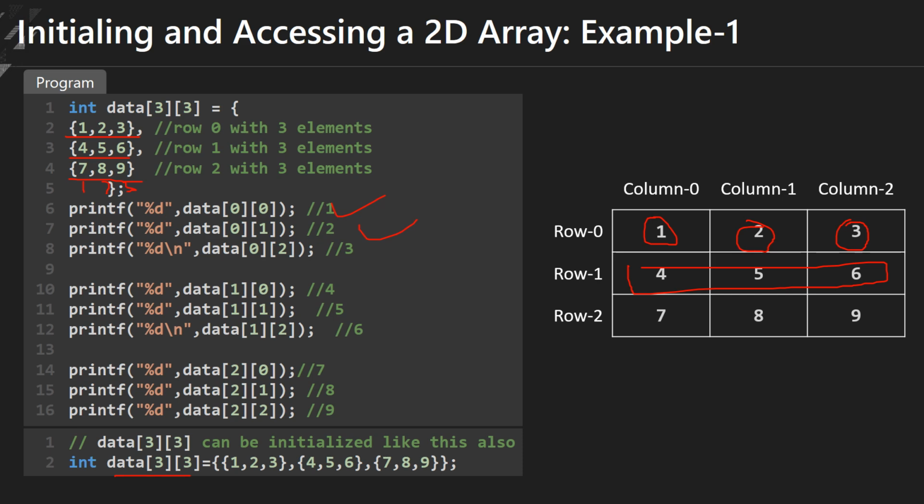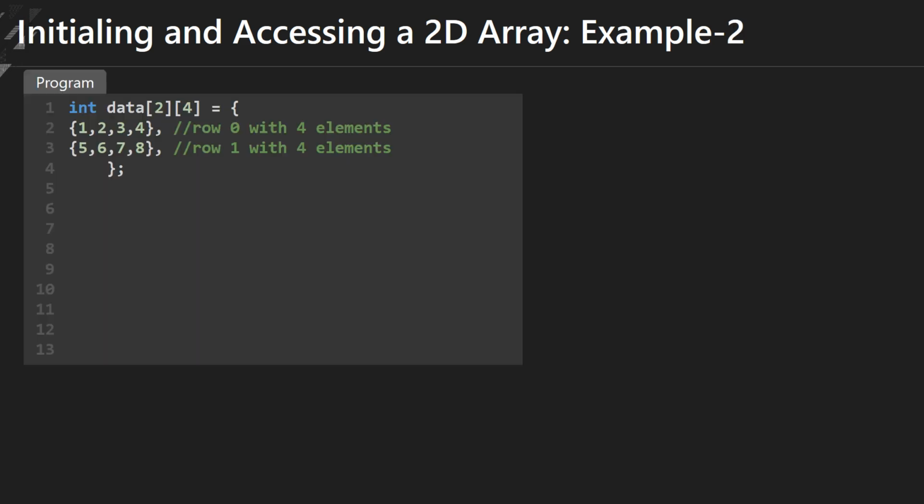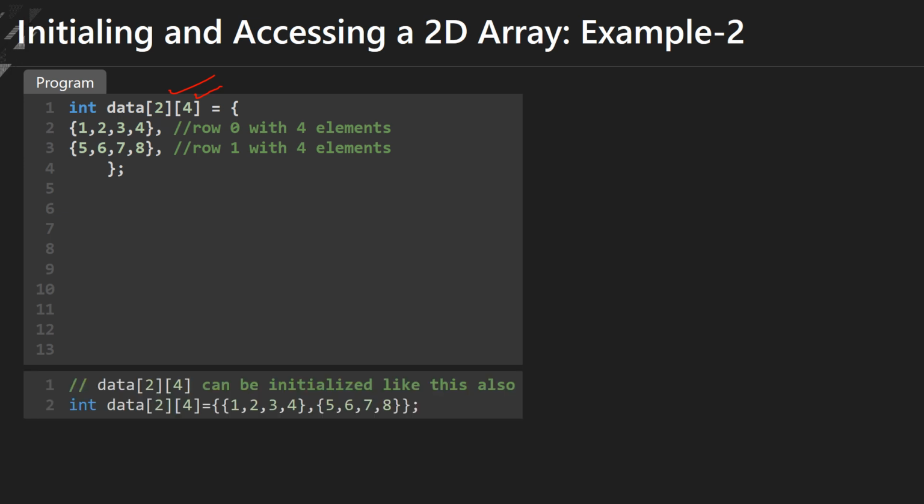Let's see some other examples. Even with 2 comma 4, that means 8 elements you can store in this two-dimensional array, because the number of rows is 2 and the number of columns is 4. You can store like this.